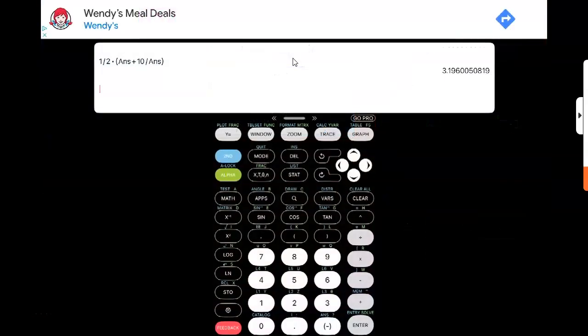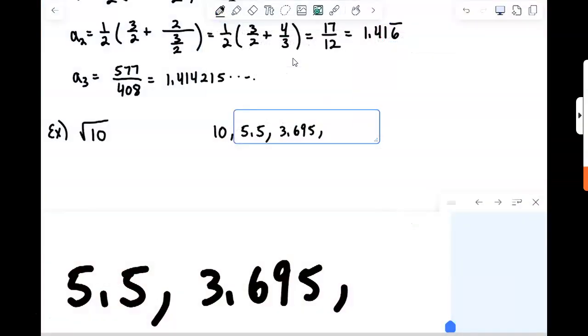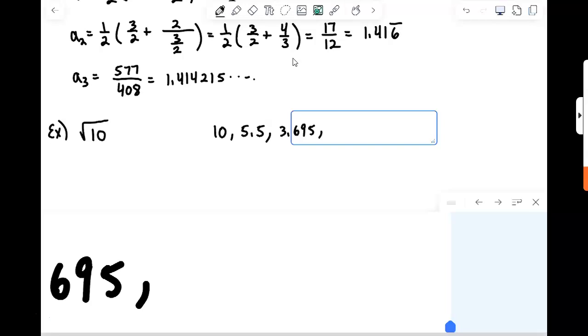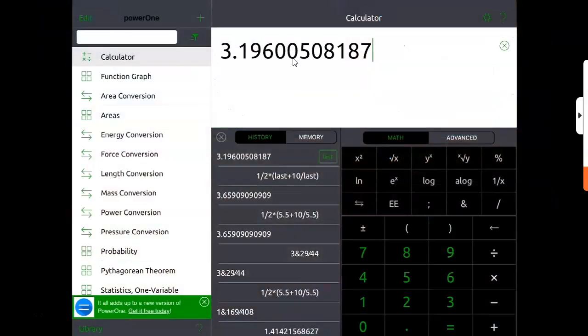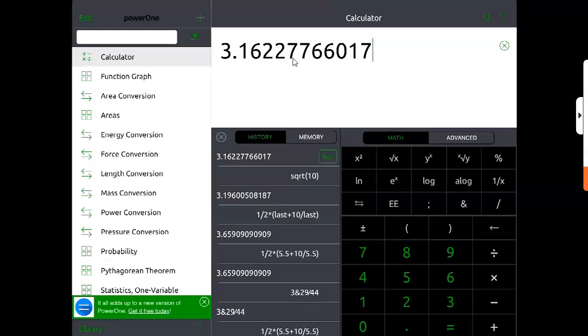And again, on your graphing calculator, you can use the answer button as a way to do that as well. 3.196 to 3 decimal places. The actual square root of 10 is 3.162. So we're off here.